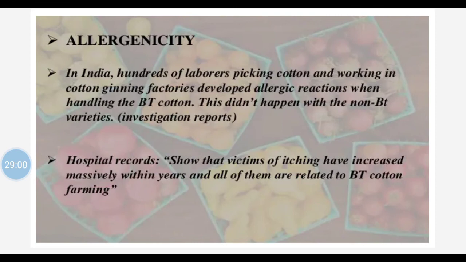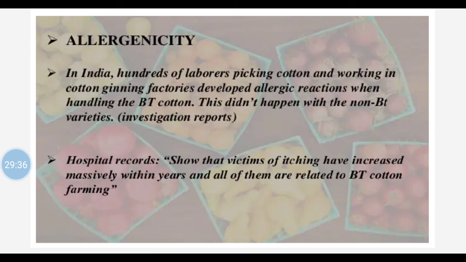So allergic reactions, which we have discussed, are associated with the GM foods. In our country, there are so many laborers working in the fields, picking cotton and working in cotton ginning factories. They are easily targeted by allergic reactions while handling BT cotton, which is a genetically modified cotton.